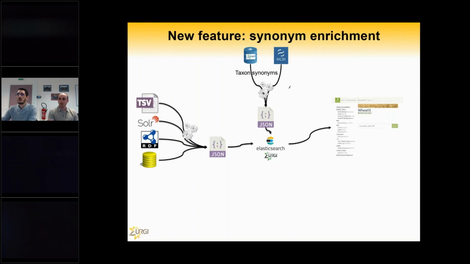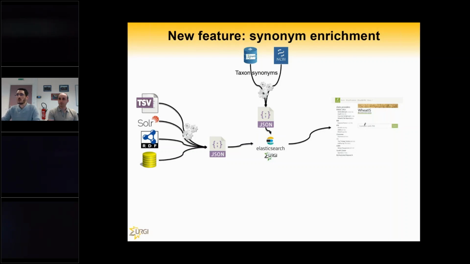We have a process for transforming that into a synonym document, which is given to Elasticsearch, and at query time, the synonyms are retrieved from the document in Elasticsearch, the database storing the data for the WheatIS application, and we are searching for synonyms also.